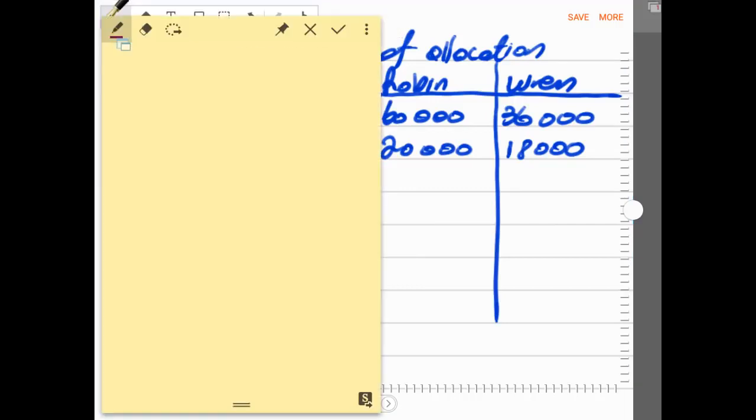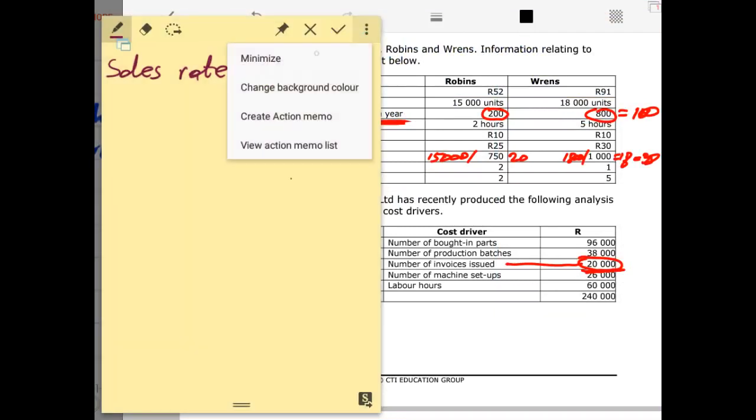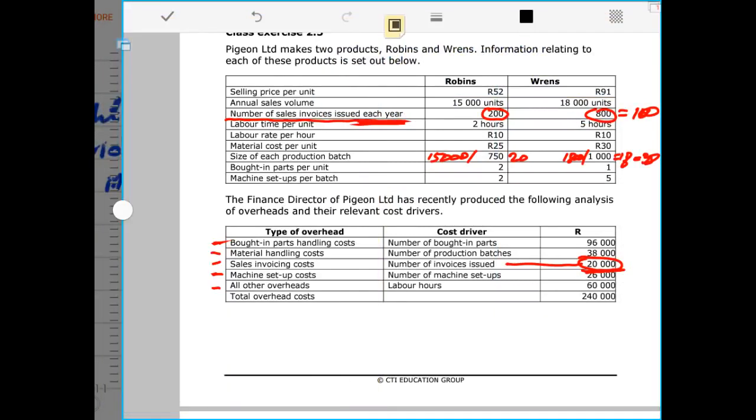And when we allocate that, we have to calculate our sales rate, and our total sales is 20,000 rands, and we divide by the total of the cost driver, which is the number of sales invoices, the total of the two, and that gave us 1000.